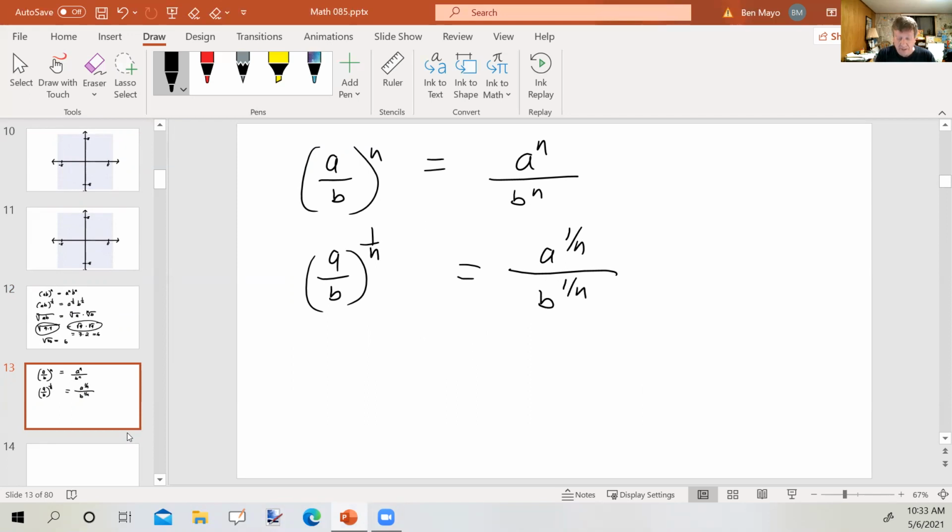If we translate this statement into radical notation, we would have the nth root of the quotient A divided by B equals the nth root of A divided by the nth root of B. And this is our second rule that we're going to be using today. So again, these rules go back to exponential situations, but we're now doing it in radical notation.